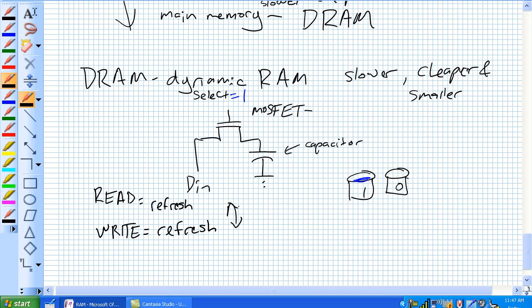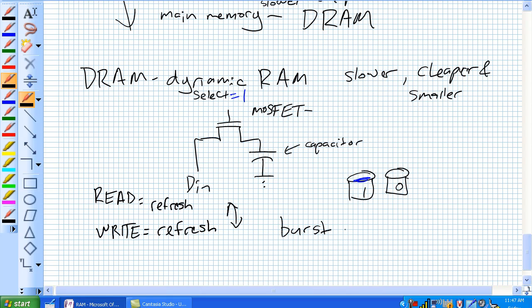But in between, let's say it does take 10 milliseconds for it to disappear. If you don't read or write into that thing, it's going to be gone. So what you need to do is every 10 milliseconds, whether it's reading or writing it, you need to go ahead and refresh it. There's 2 different ways of doing that.